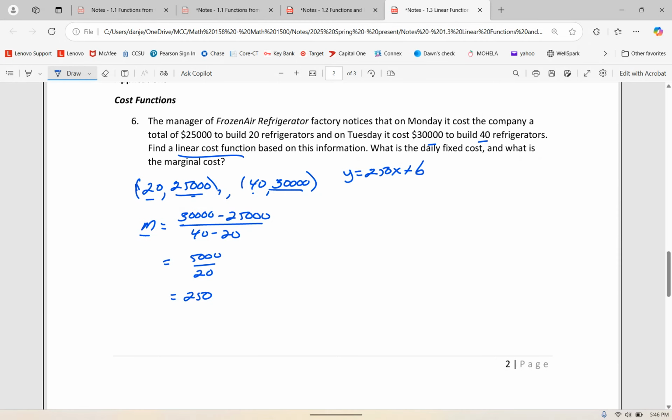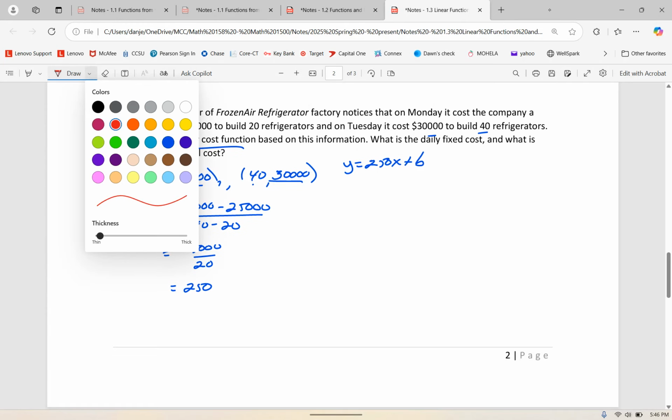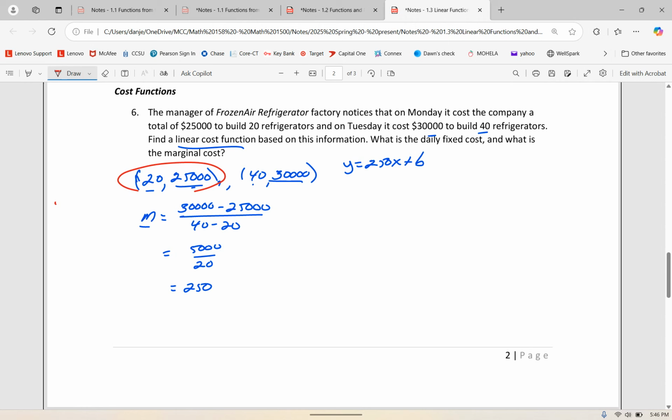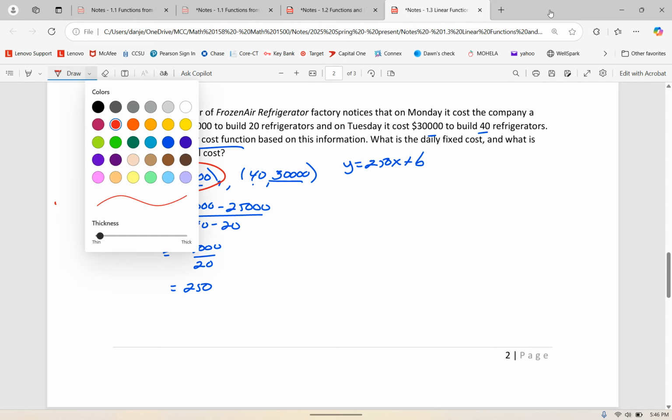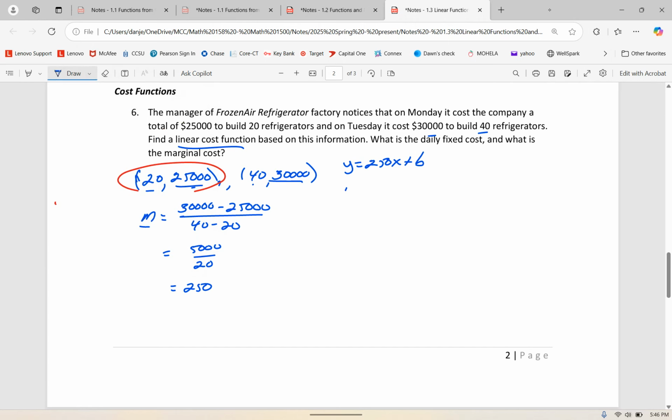Now I need to find my b value by plugging either the 25,000 or the 30,000 in for x and y. I'm going to use, just because it's smaller, that first point. So 25,000 is equal to 250 times 20 plus b. 25,000 is equal to 5,000 plus b, so b is equal to $20,000.